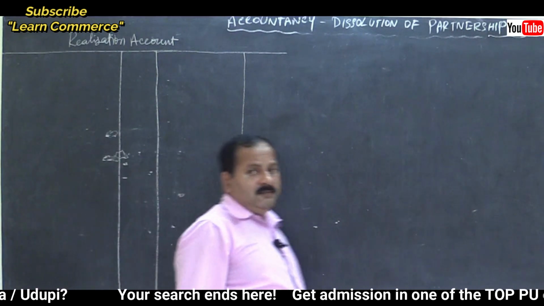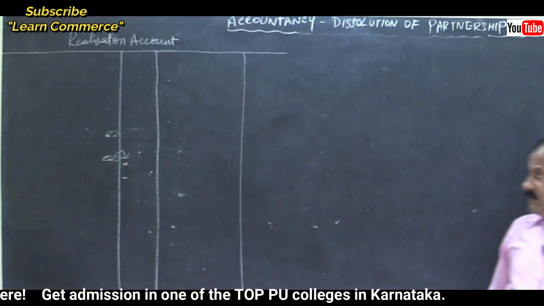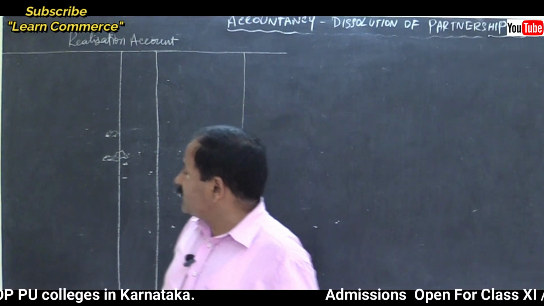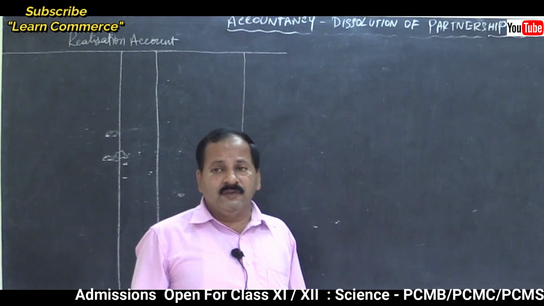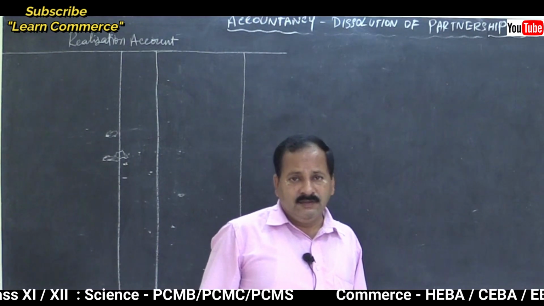Draw the columns. Debit, credit, particulars, amount in rupees. Particulars, amount in rupees. Provide for the JF column also. Clear? Yes. Let us start.